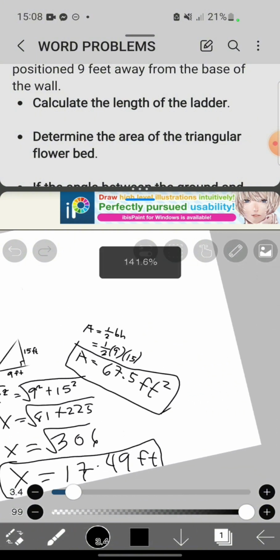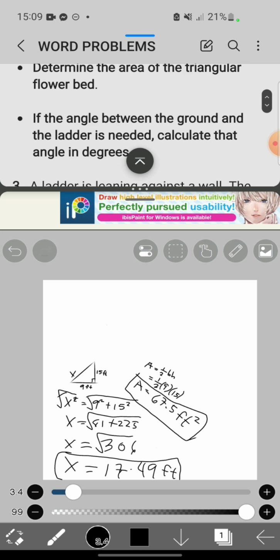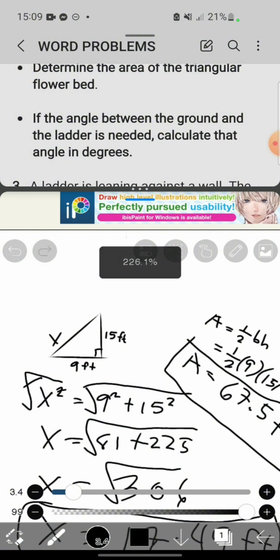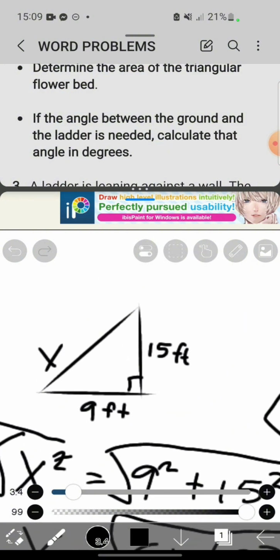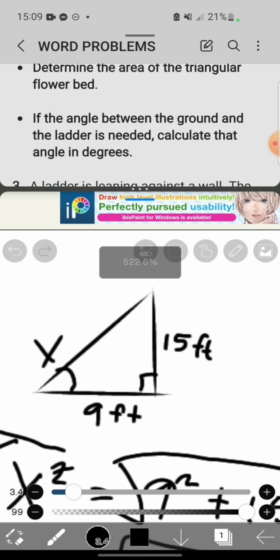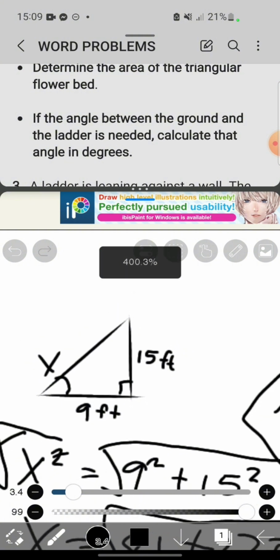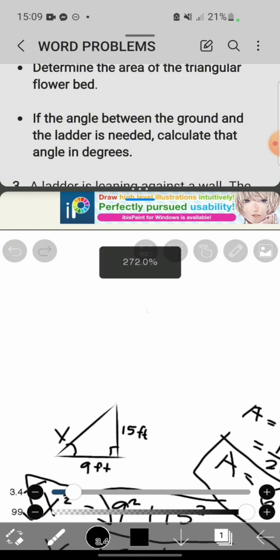So let's solve question number 3. The angle between the ground and the ladder is needed. So we have to solve for this angle between the ladder and the ground. To calculate that, we can use SOHCAHTOA.